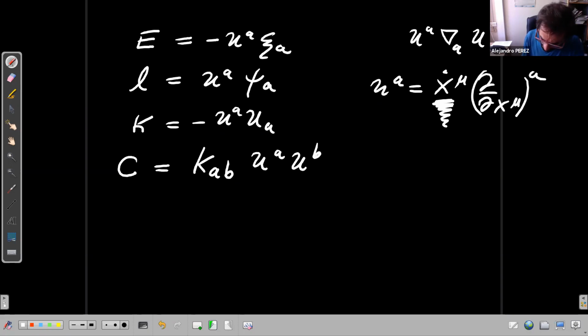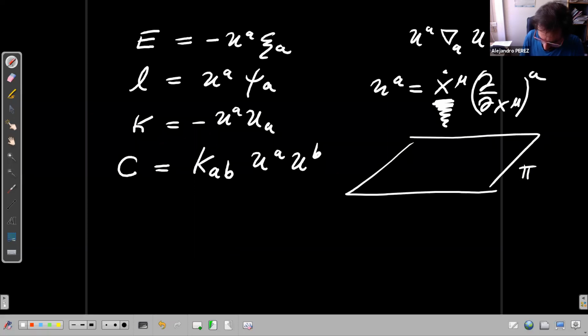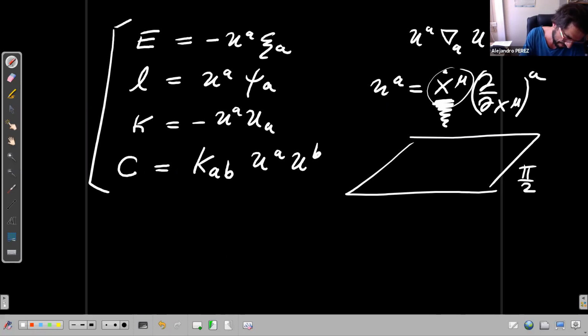So we have one more non-trivial component, because now we cannot go to the theta equal pi over 2 plane and forget about phi dot. Now all the 4 components of the tangent vector are important, but we have 4 constants of motion.